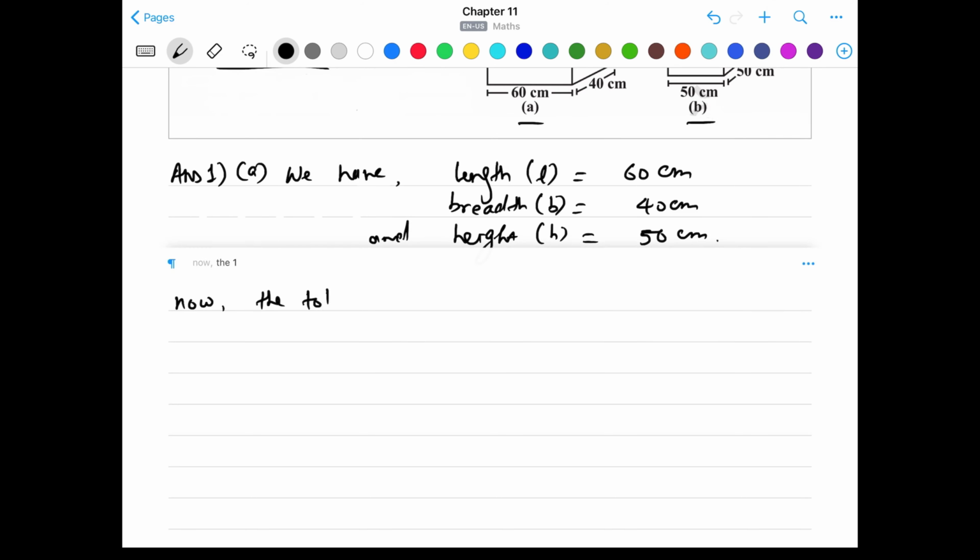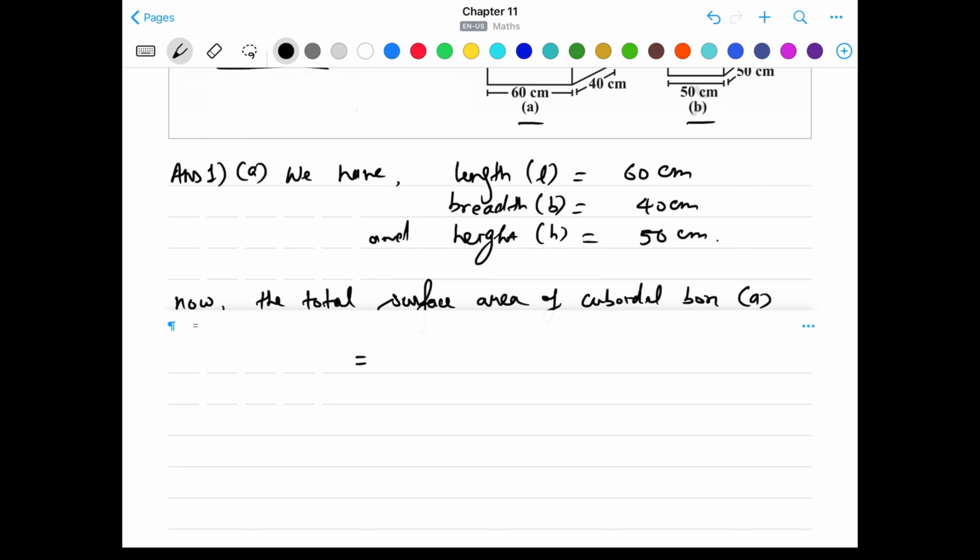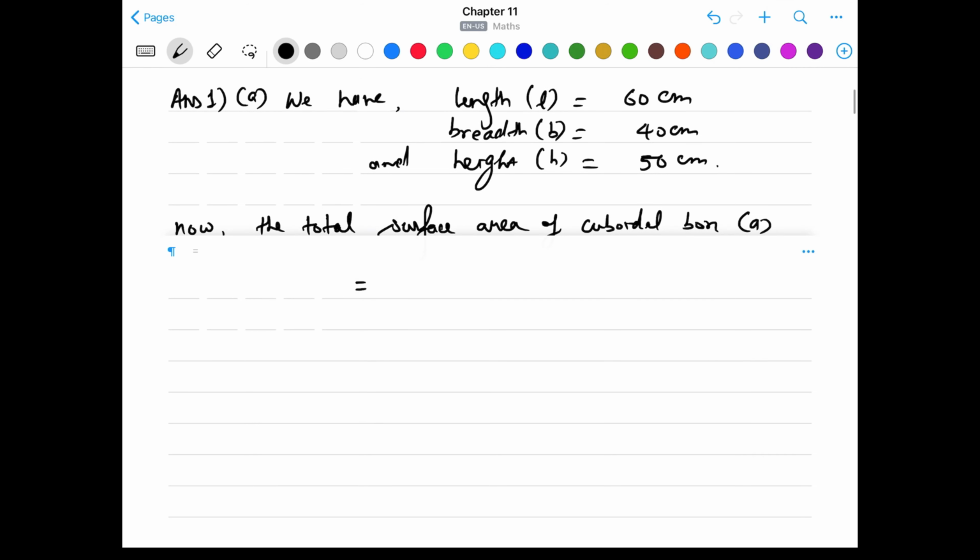So let's write the total surface area of cuboidal box A is equal to, we know the formula to calculate the total surface area of a cuboid is twice of L into B, that is length into breadth, plus B into H, that is breadth into height, plus H into L, that is height into length.